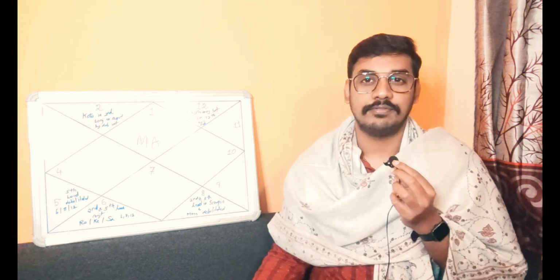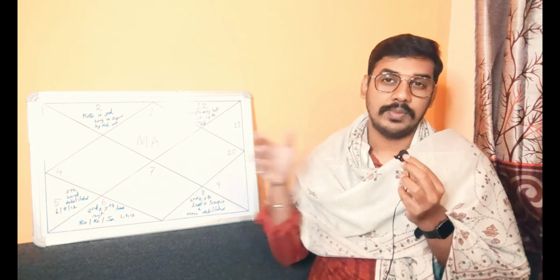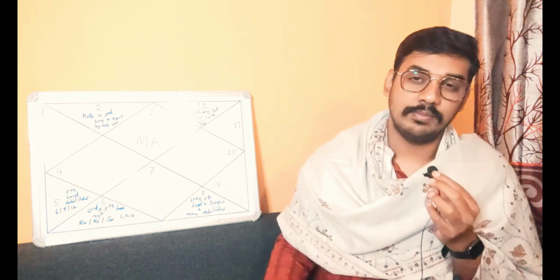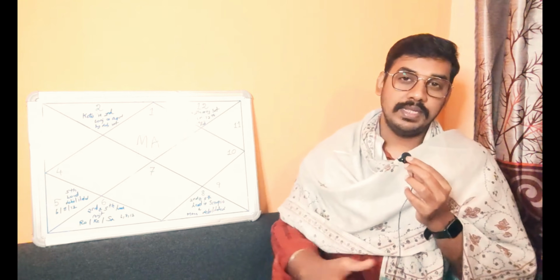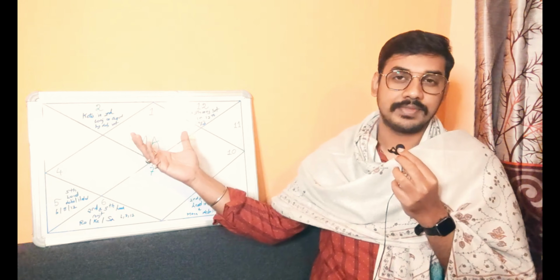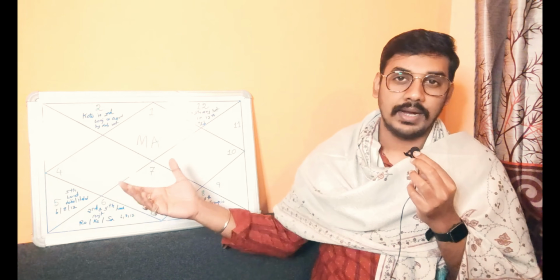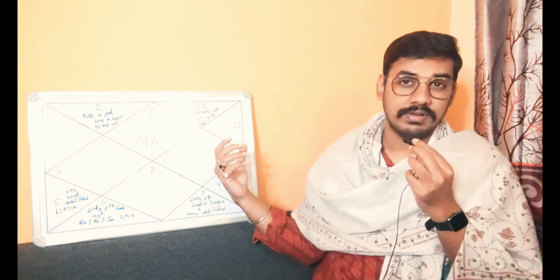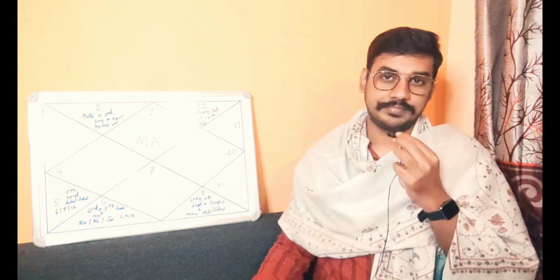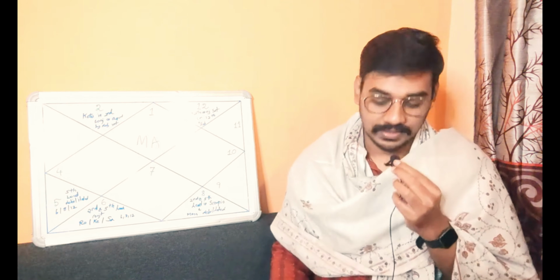So irrespective of Mars being in the first house in the Lagna chart, because it is placed in the 8th house in the Navamsha chart, the D9 chart, which is a very important divisional chart, whenever you wear the gemstone of Mars, even though it will give you good health, strength and vitality, because it is in the 8th house in the Navamsha chart, it will increase the chances of accidents also. So this is in the case of the D9 chart.